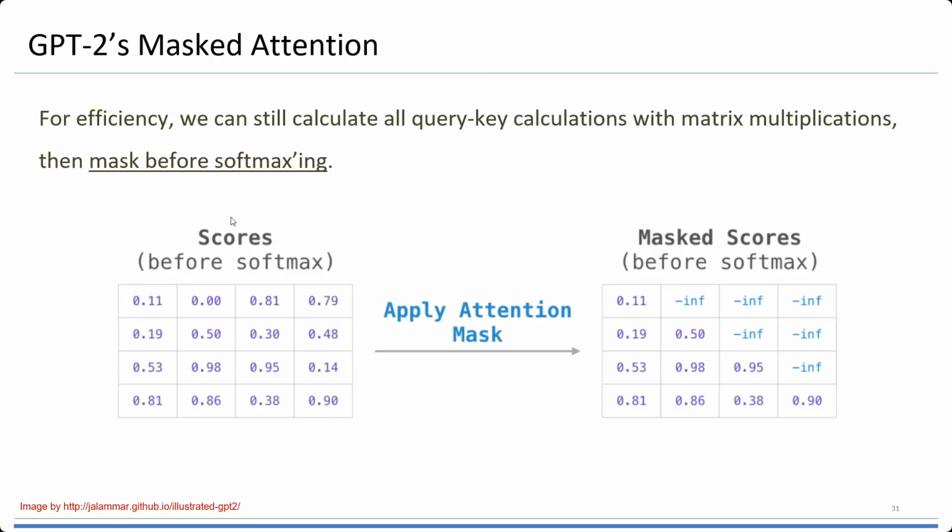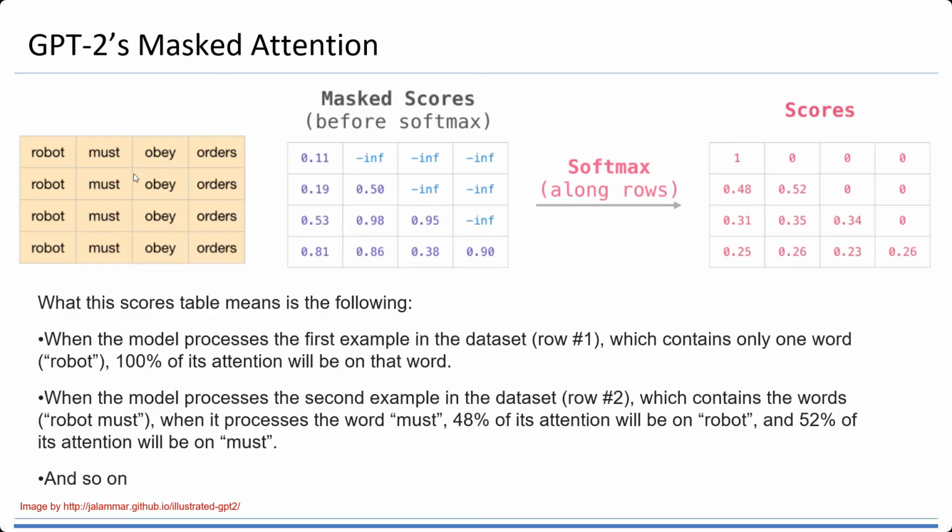After I do the softmax, we get something like this one. This will be 0, 0, 0, 0, 0, and 0. Okay. Then yeah, we have this value.